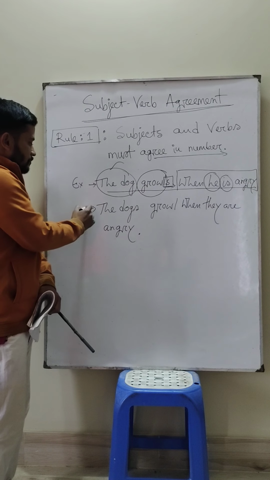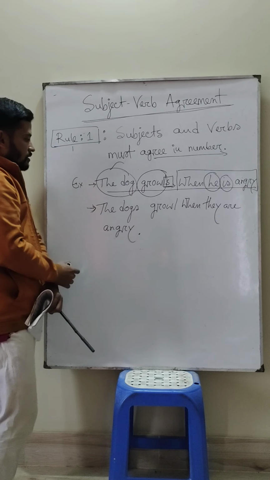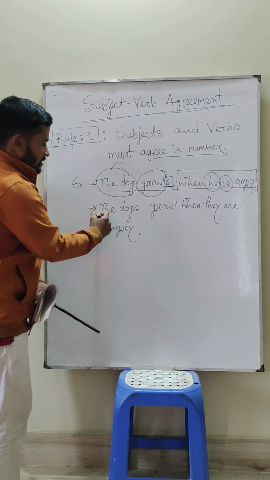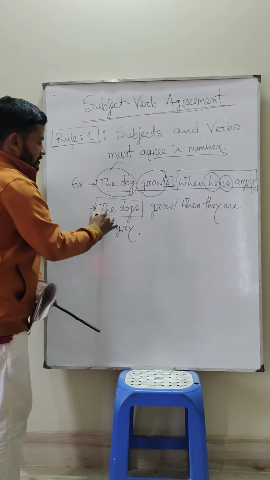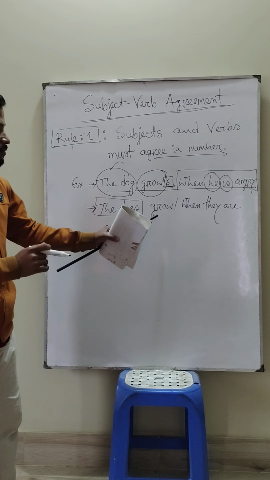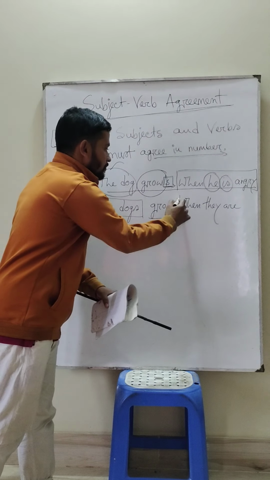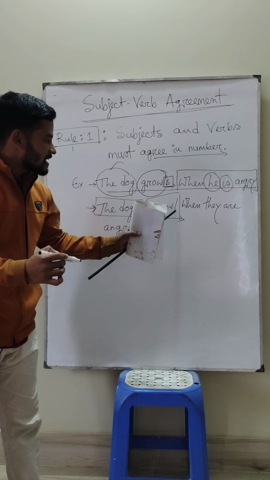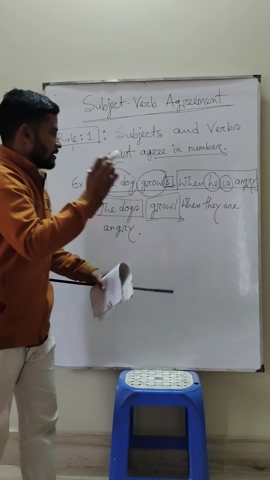The next example for the rule: the dogs growl when they are angry. Here the subject is plural, that is the dogs, and we use the plural verb. That means we do not add s after the verb.